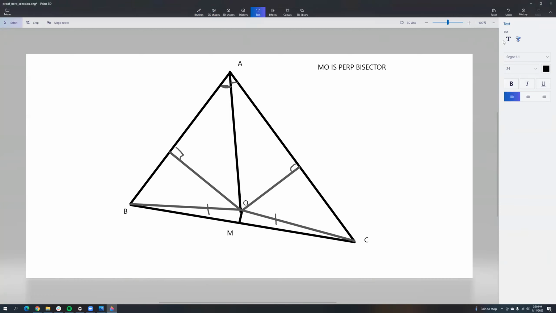Right, perpendicular. Okay, so AOX equals AOY. I forgot to put Y and X here. Right, so AOX equals AOY because angle XIO equals YIO and AO equals AO.